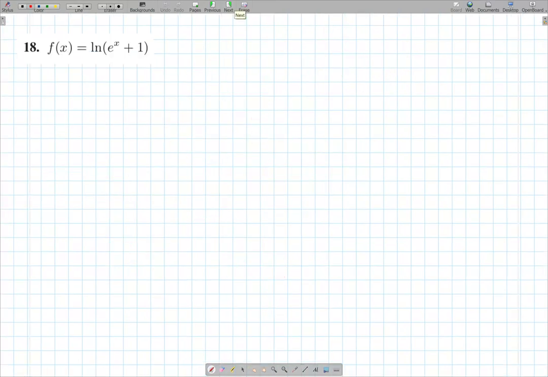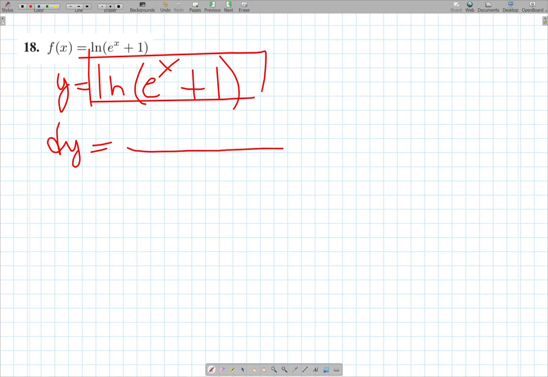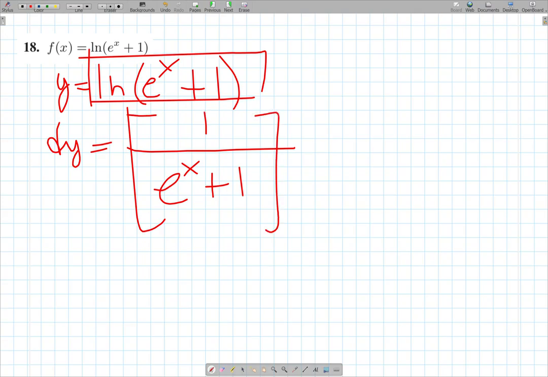Next. f of x, I will change it into y: y equals ln of e^x plus 1. Using the implicit derivative, dy equals 1 over e^x plus 1, since it is ln, times the derivative of the inside. Don't forget, what is the derivative of e^x?